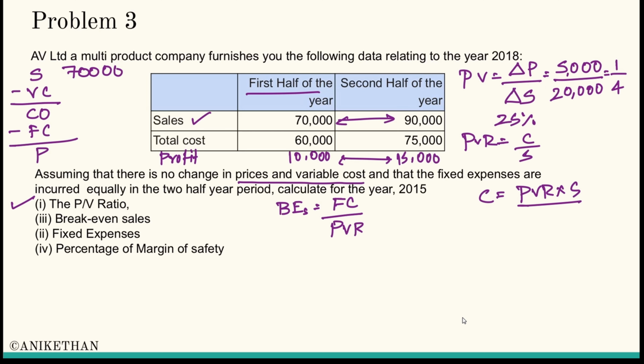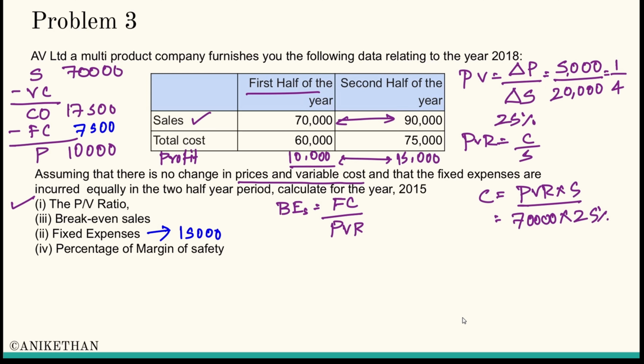My contribution comes to 70,000 into 25%, which is equal to 17,500. And I know what my profit is. My profit is 10,000. Hence, my fixed cost for the first half should be 7,500. So if fixed cost for the first half is 7,500, in total it is 15,000.